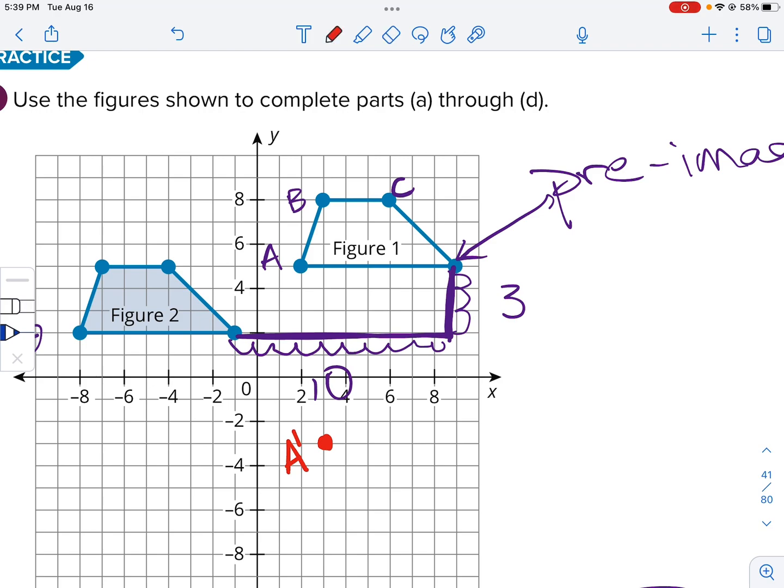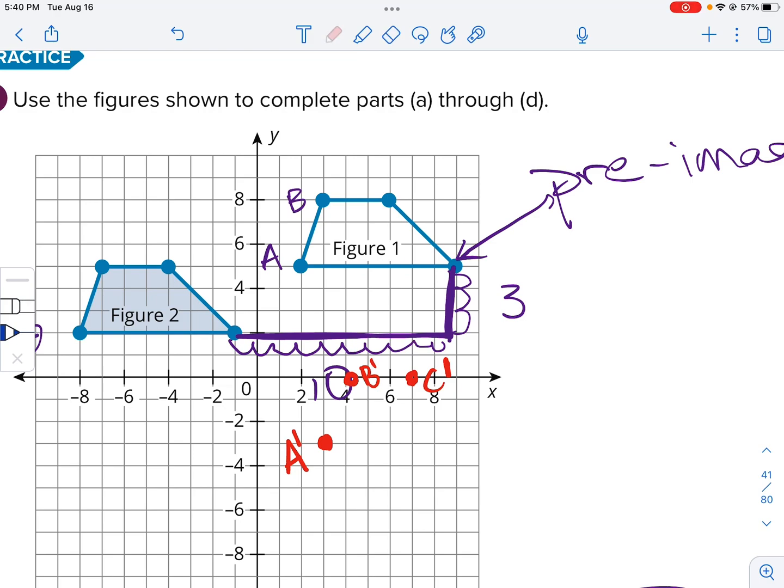So then I go over 1 and I go down 1, 2, 3, 4, 5, 6, 7, 8. That will get me B prime. I go over 1. I go down 1, 2, 3, 4, 5, 6, 7, 8. C prime.